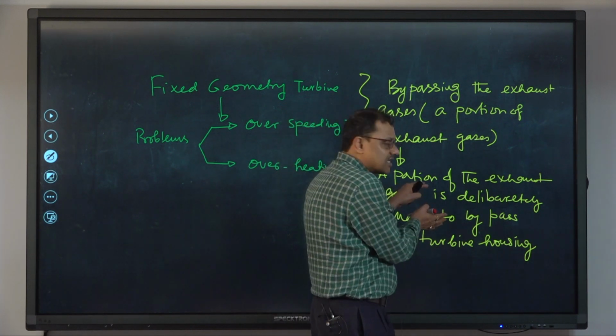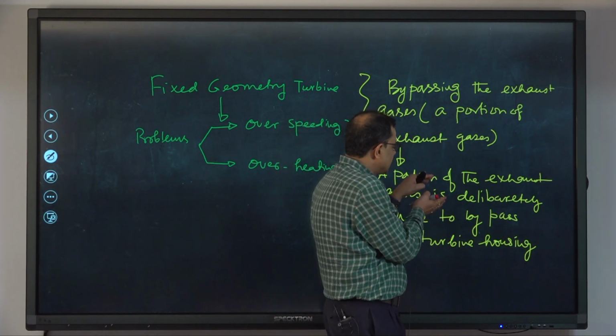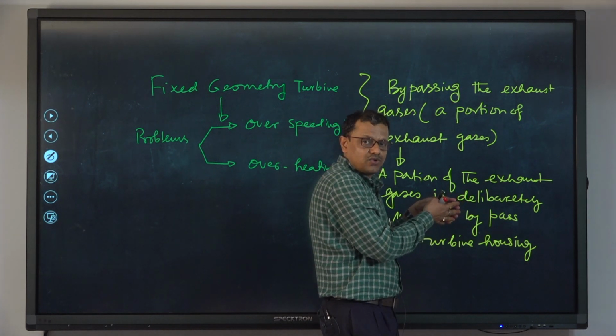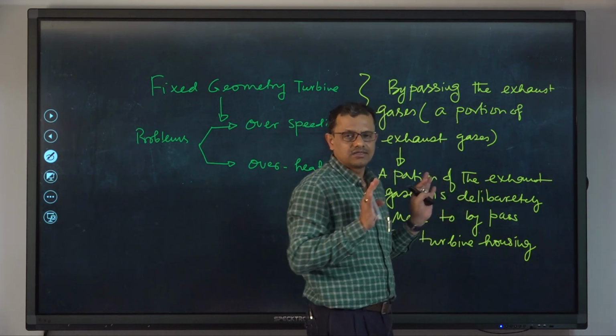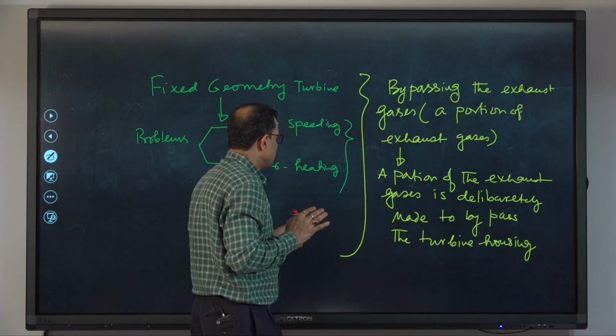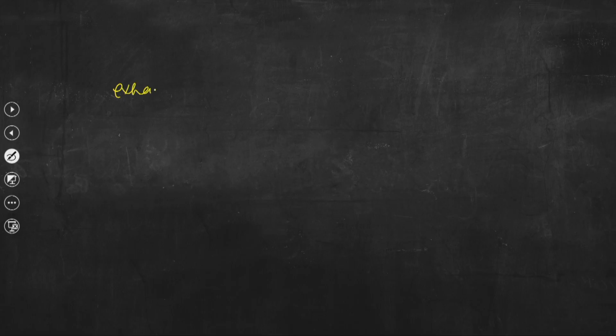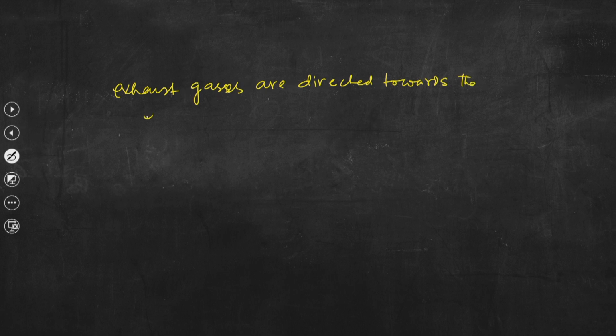That means, instead of allowing exhaust gases to go into the turbine, they are allowed to go to the ambience through the exhaust manifold. So, if we go to the next slide, that means exhaust gases are directed towards the exhaust manifold.